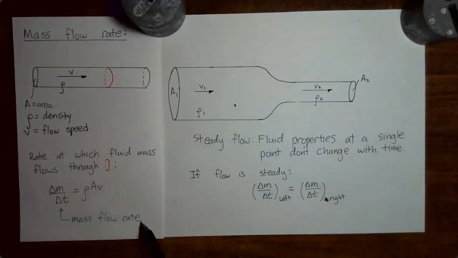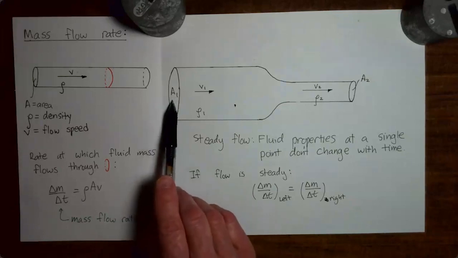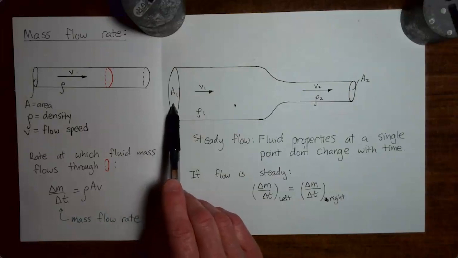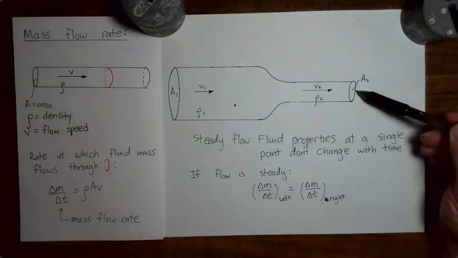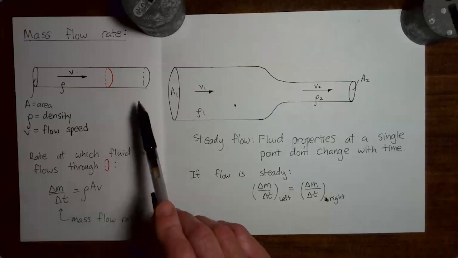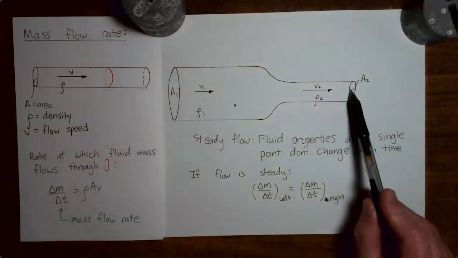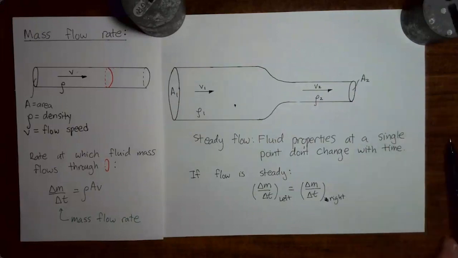So using our notation for mass flow rate, delta m over delta t, we can say that if we have steady flow, then delta m over delta t measured on the left side equals delta m over delta t measured on the right side. Now we can ask, why does the assumption of steady flow mean that the rate of fluid mass entering must equal the rate of fluid mass leaving?